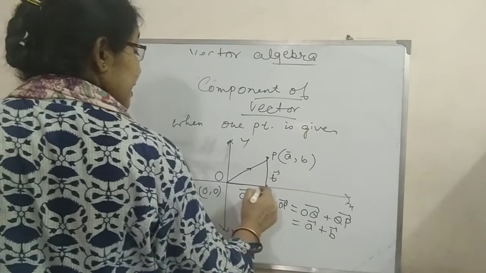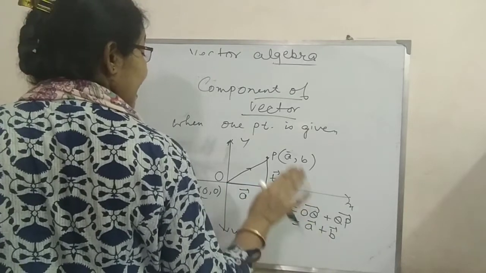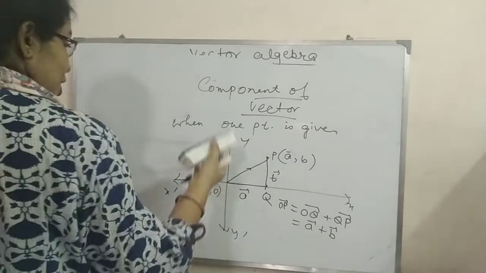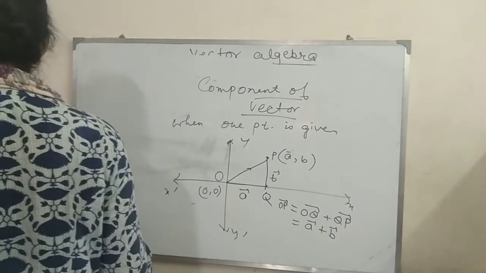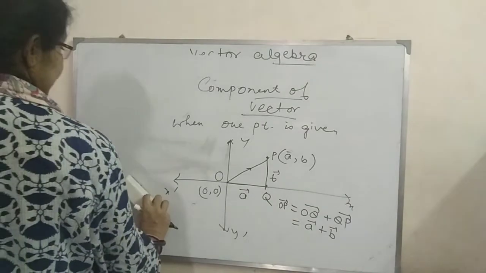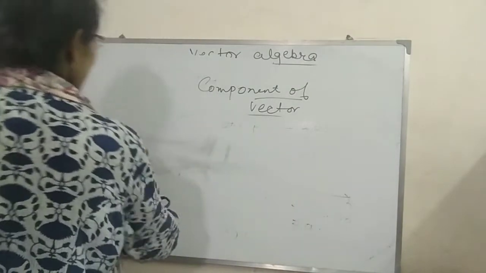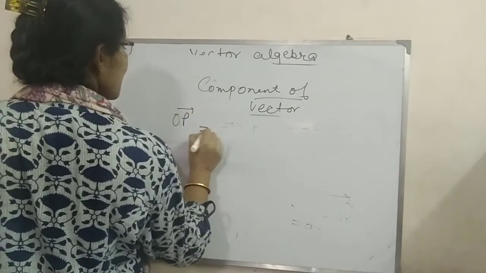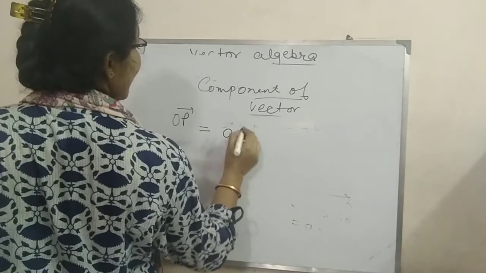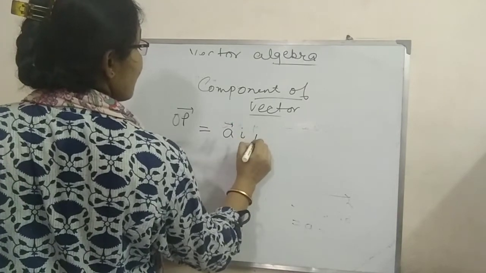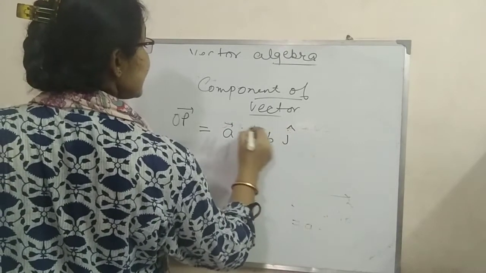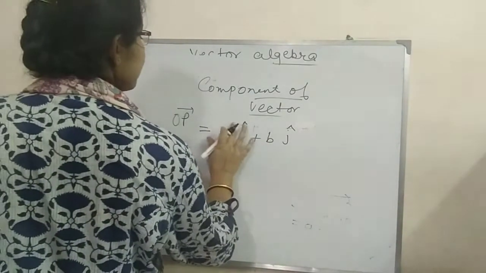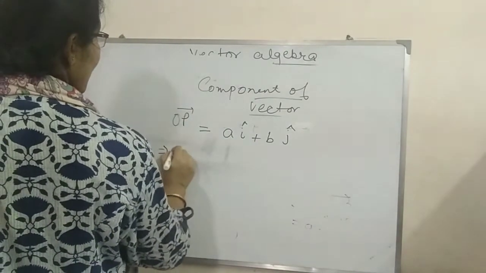If the unit vector in the direction x-axis is I and unit vector in the direction y-axis is J, so I can write OP equal to AI plus BJ, AI plus BJ and OP equal to R.